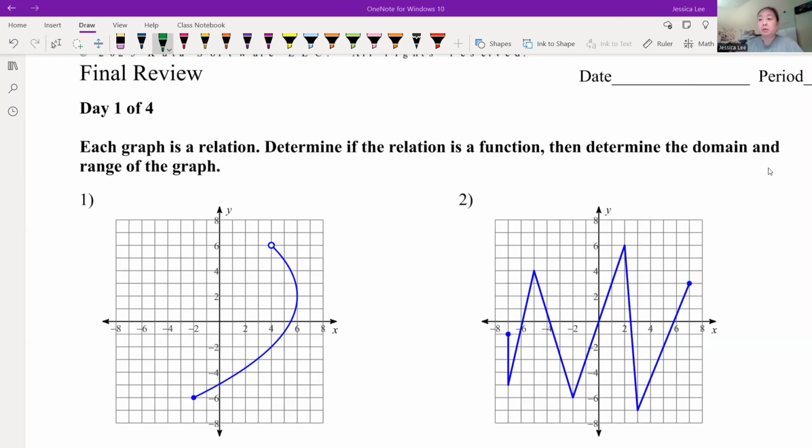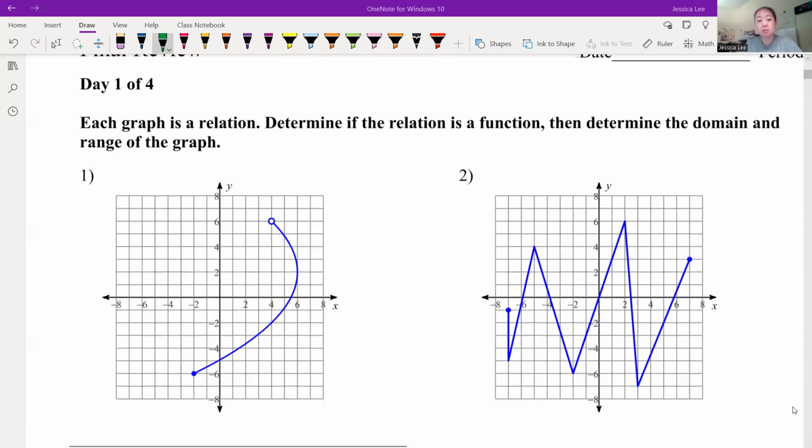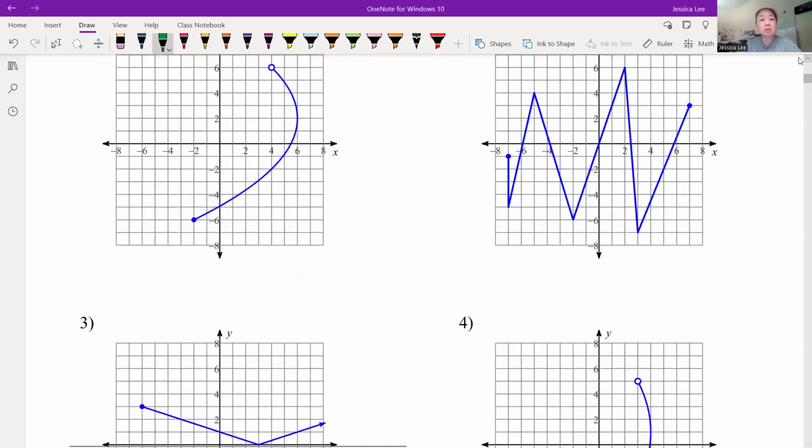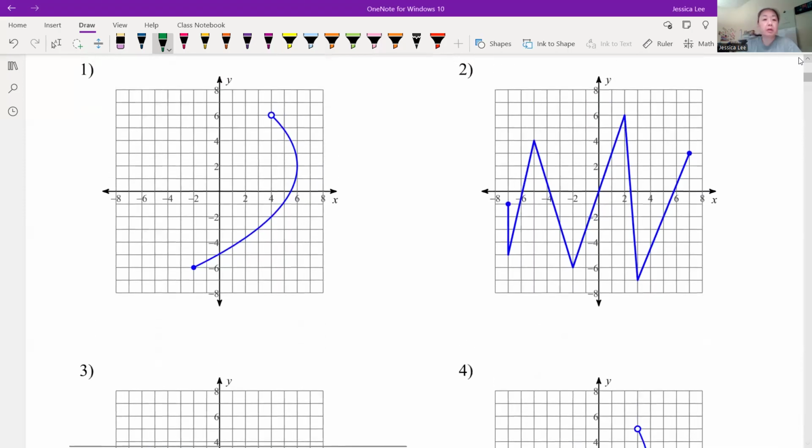Okay, number 1, if you can see here, let's see if I could bring this down just a little bit, just a smidgen. Okay, that's too much. You like this a little bit. Number 1, function, not a function. Okay, so first we're going to see, remember, if it's a graph, we're going to be talking about the vertical line test.